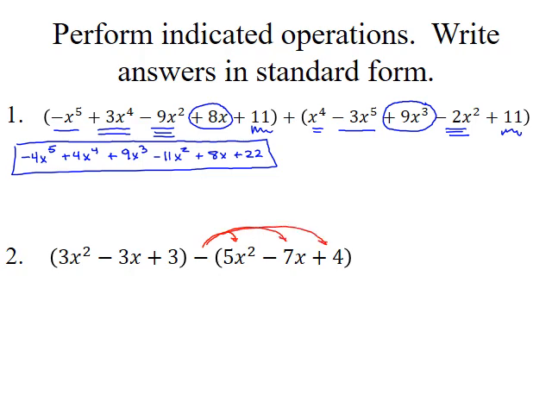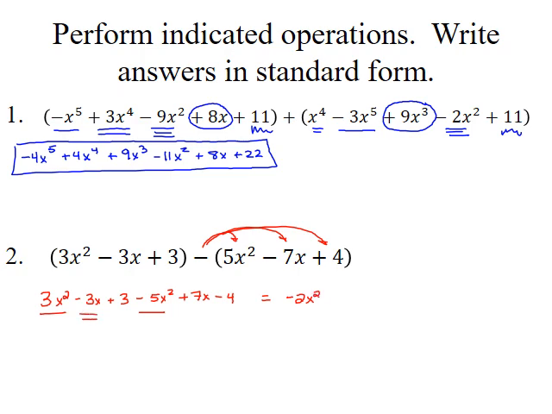So if I rewrite the problem, that's going to end up being 3x squared minus 3x plus 3 minus a 5x squared plus a 7x minus 4. And then just like the one above, you can add your like terms together. So you have a 3x squared and a minus 5x squared, which is minus 2x squared.